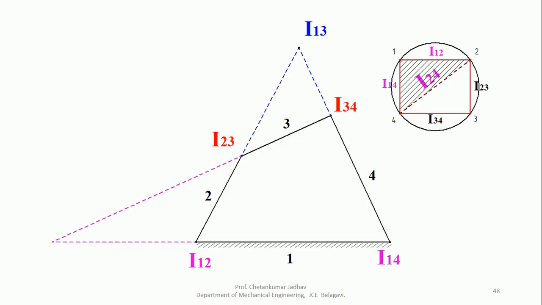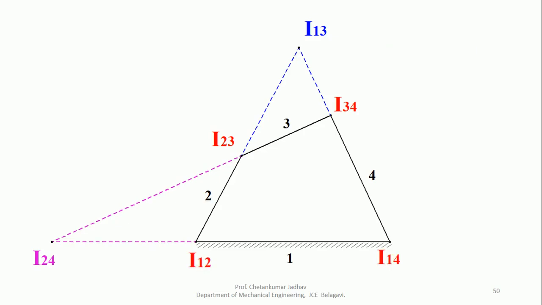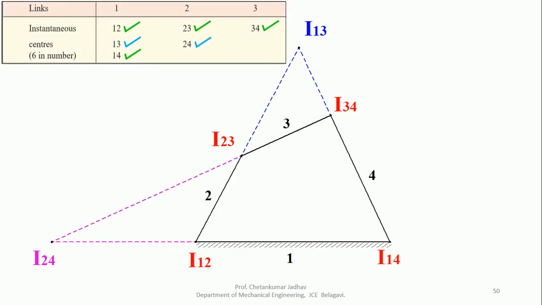Draw a dotted line passing through the instantaneous center I14 and I12 as shown in the figure. Therefore, the instantaneous center I24 lies on the intersection of line joining points I23, I34 and I12, I14 as shown in the figure. Students, finally we located all the 6 instantaneous centers, that is I12, I23, I34, I13, I24 and I14.